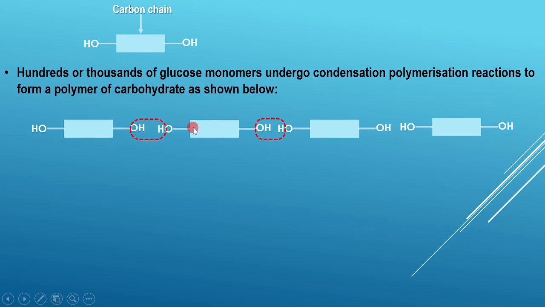But this one which lost the hydrogen, on this other end it is losing the hydroxyl. So it remains there with the oxygen. Here it lost the hydroxyl. This one will lose the hydrogen. So this one here will lose also on the other side the hydroxyl, and this one will lose the hydrogen.